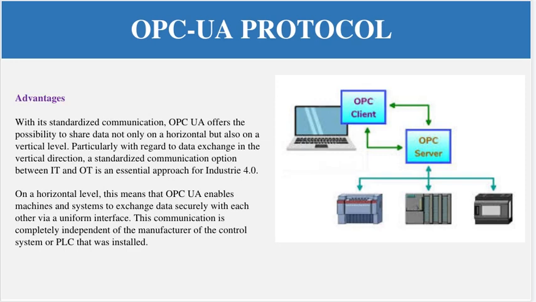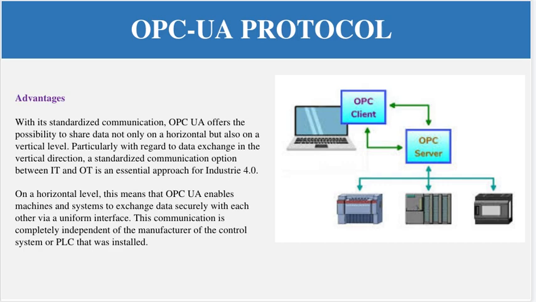So now if we talk about the advantages of the OPC-UA protocol, it is based on encryption, and normally it is used to transfer data between IT and OT. It is an essential approach for industries, and again the data is very secure and encrypted, so no one can hack the data, no one can compromise the data in the communication between the client and the server.